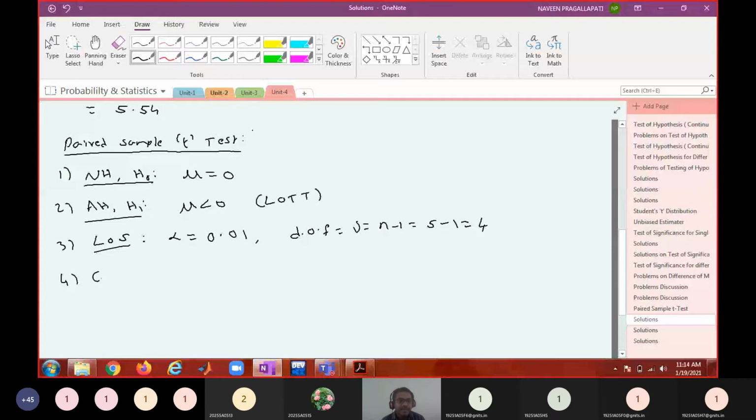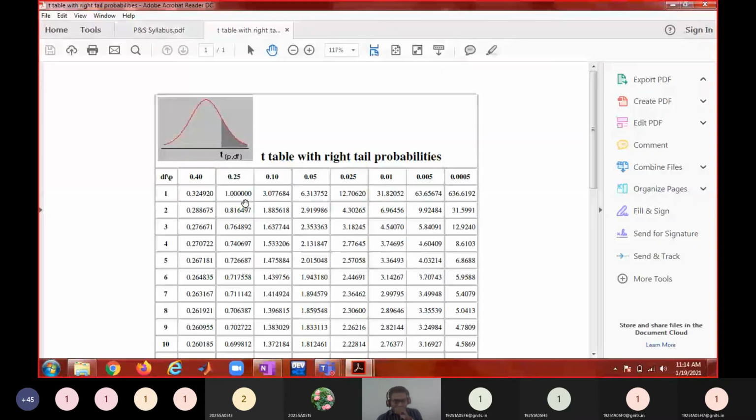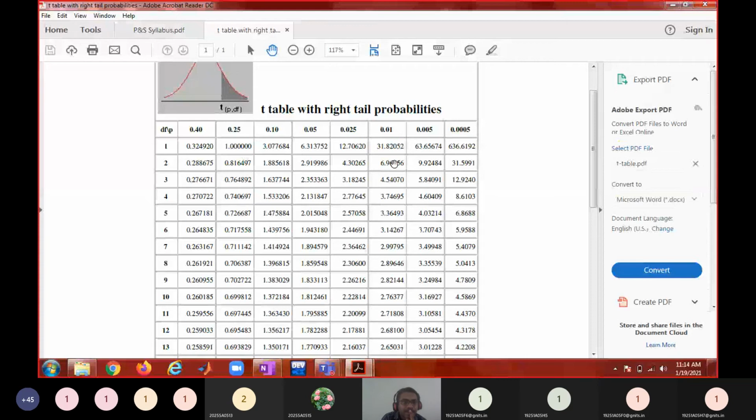Left one tail test. Critical value is going to be minus t alpha comma nu, equal to minus t 0.01 comma 4. Look at your t distribution table. 0.01 with 4 degrees of freedom, it is 3.75.